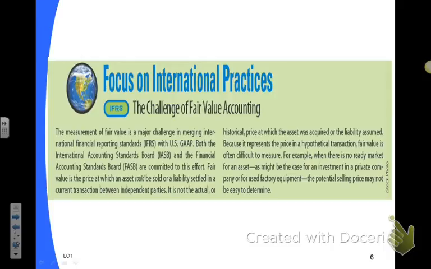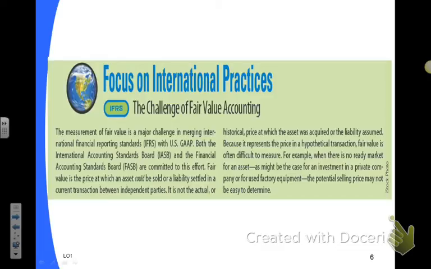From an international perspective, there's a challenge because the international financial reporting standards are a little bit different than generally accepted accounting principles. In the United States, we use generally accepted accounting principles.